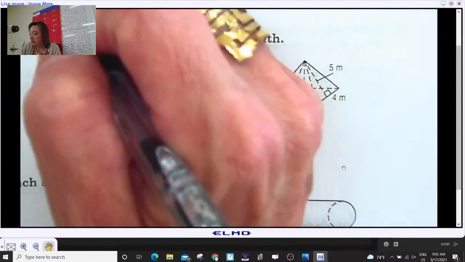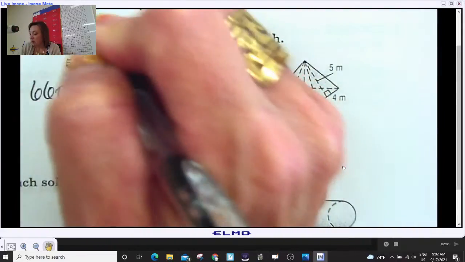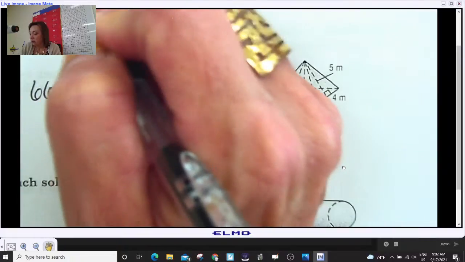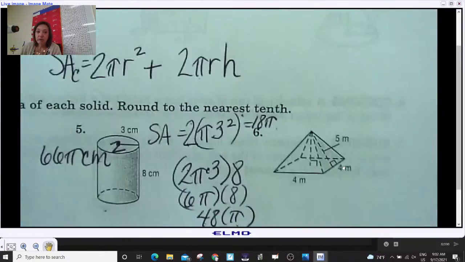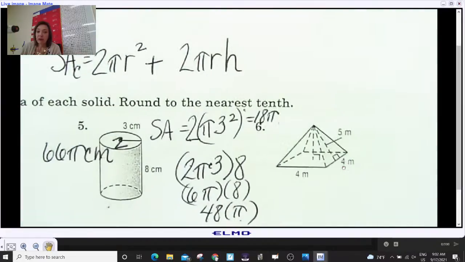That is the surface area of a cylinder. Okay? But you don't have to memorize that because you can just figure it out, right?